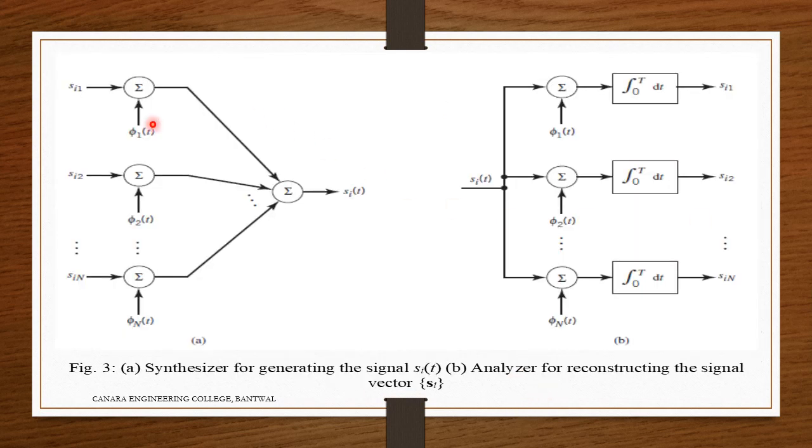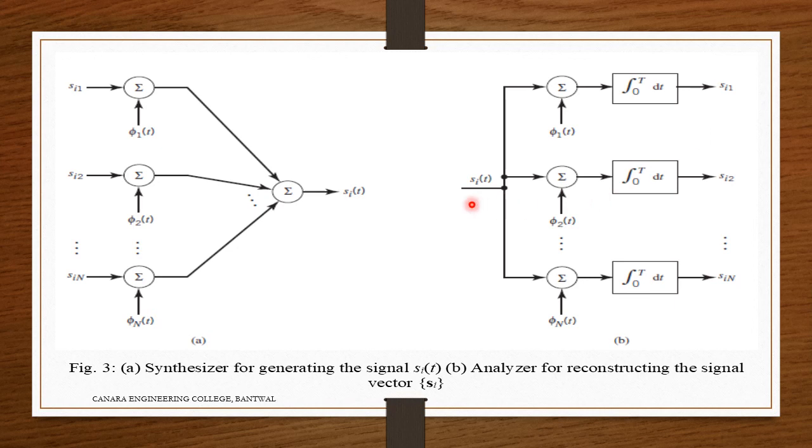So this is the diagram. What we have to consider is that si1, si2, up to siN, N number of coefficients, are multiplied with the particular basis functions phi 1 of t, phi 2 of t, so on up to phi N of t. Then they are summed to get si of t. This we call a synthesizer.